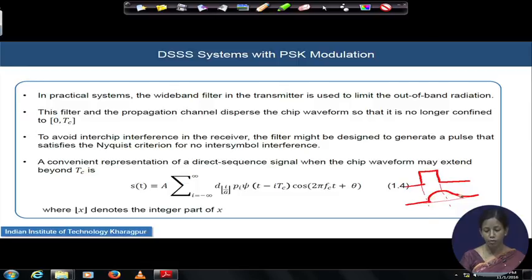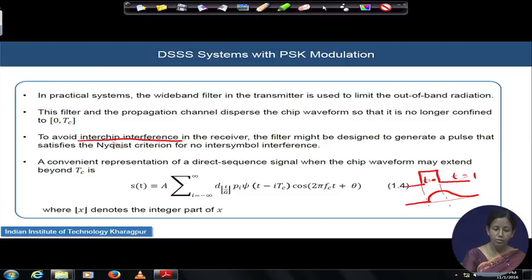There will be a spillover of the power of, say, the t equal to 0th pulse over the t equal to 1st pulse. The effect that we are considering here we call interchip interference. So, there is interference from the previous chip to the next chip, and we need to take care of nice filter design inside the transmitter, so that this effect can be nullified.